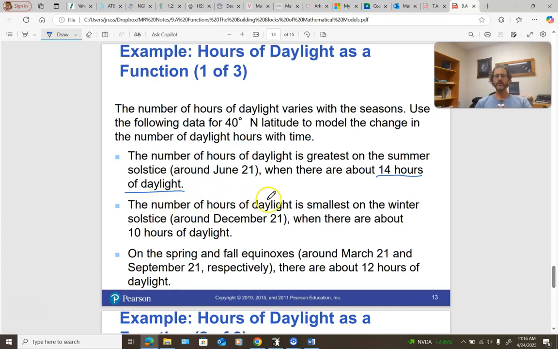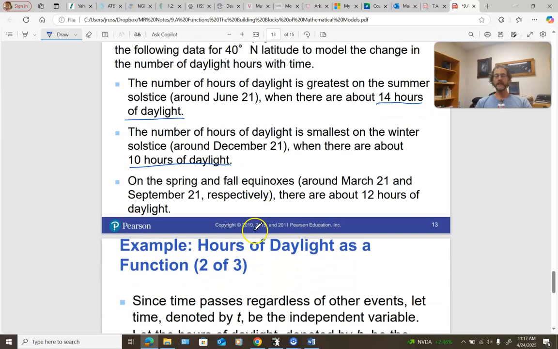And then the number of hours of daylight starts to decrease after the summer solstice and reaches its smallest value on the winter solstice, which is around December 21st, where there are only 10 hours of daylight, roughly. And then on the spring and fall equinoxes, which fall on March 21st and September 21st, there are 12 hours of daylight.